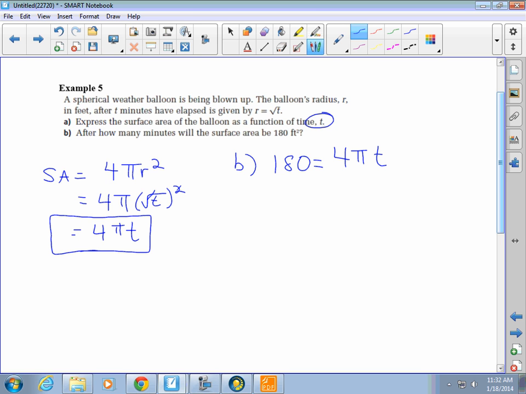I'm trying to find my time, so if I divide this side by 4 pi and this side by 4 pi, I will get my answer, and it works out to be approximately 14.3 minutes is your time. So about 15 minutes.